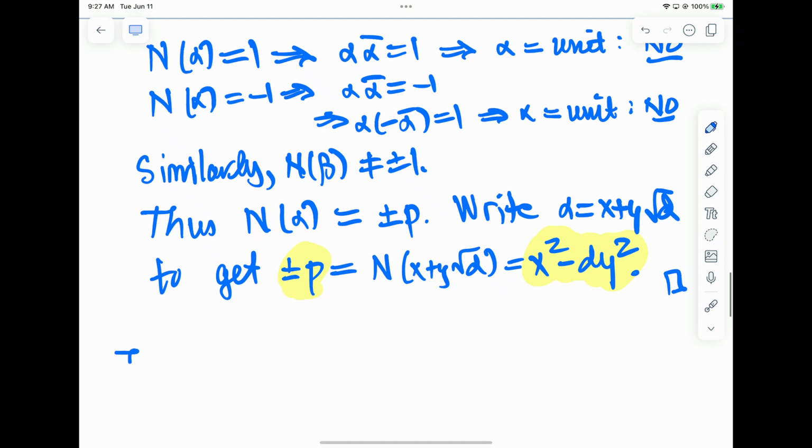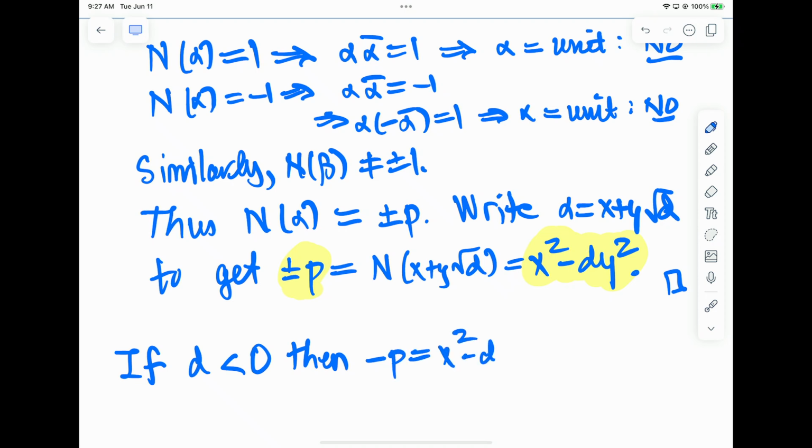It's worth pointing out here, if d were negative, then minus p looking like this is not going to happen, because when d is negative, it makes the right side a sum of things.